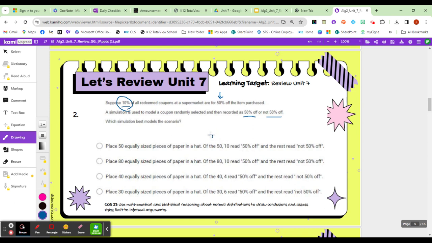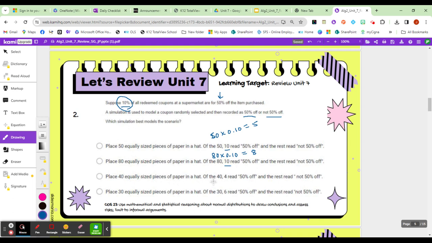Well, if you do 50 times 10%, and 0.10 is the decimal for 10%, you're going to get 5, not 10. The next one says if 80 equal size pieces of paper are put in a hat and of the 80, 10 read 50% off. Again, if you take 80 and you do 10% of 80, you're going to get 8, not 10.